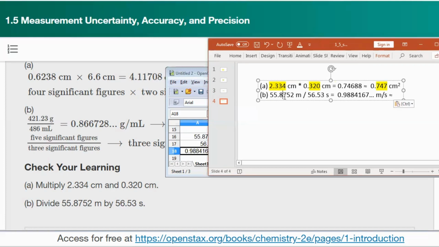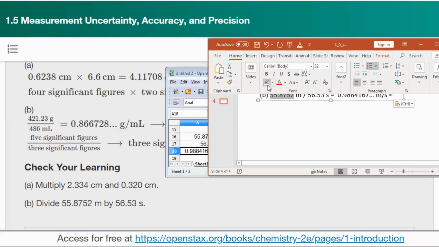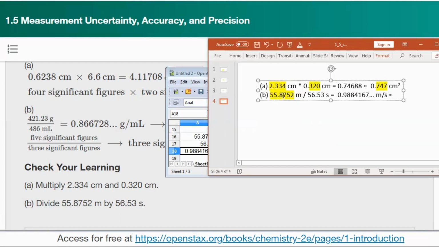so this number has 1, 2, 3, 4, 5, 6 significant figures, and this number has only 4.